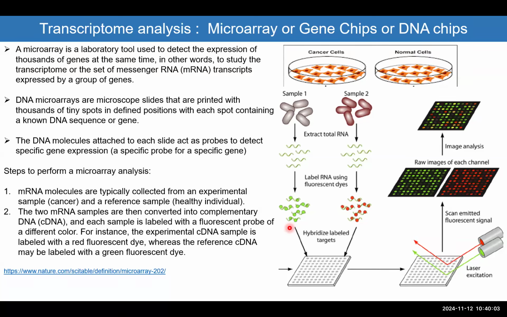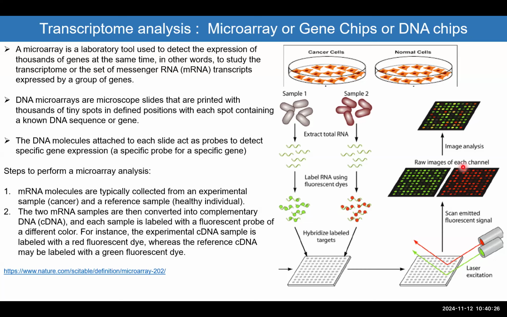Now, there are, of course, multiple steps that we are not passing through right now. Probably it's going to come in the next slides. Then after, you're going to mix this cDNA and this cDNA together, the green and the red, in the same tube, and then you're going to spot it on the microarrays.